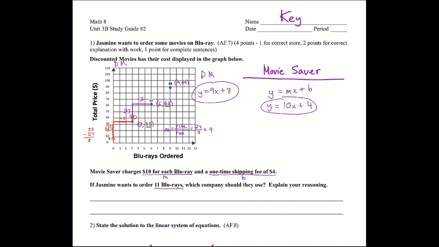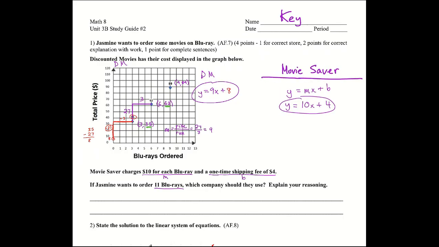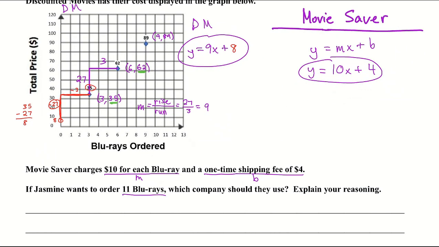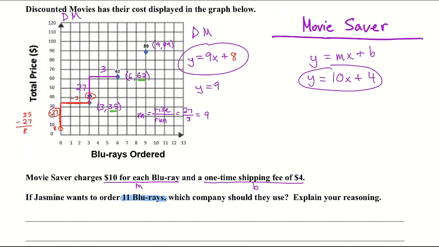So this 11 Blu-rays, blue seems fitting. You're going to substitute that into our equation. So for the discounted movies, it'll be y equals 9 times 11 plus 8. And then for Movie Saver, it'll be y equals 10 times 11 plus, sorry, not plus 8, plus 4.